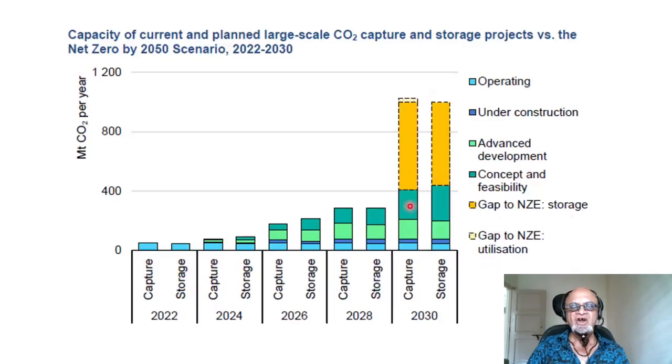Both are fairly large. In fact, larger than what is already here in terms of these items here. So capture and storage, where you need to keep ramping up, and where you will be in terms of gaps in capture and storage or utilization and storage by 2030 with the current pace.